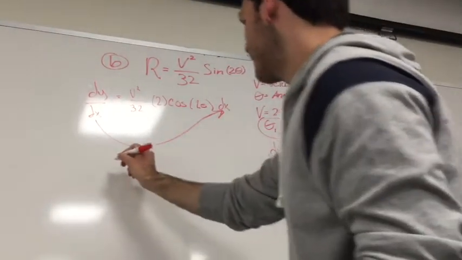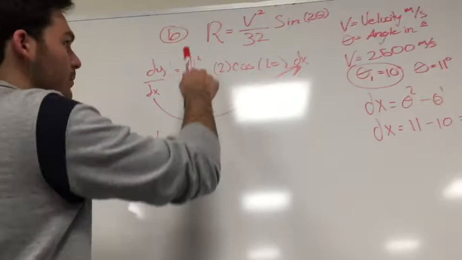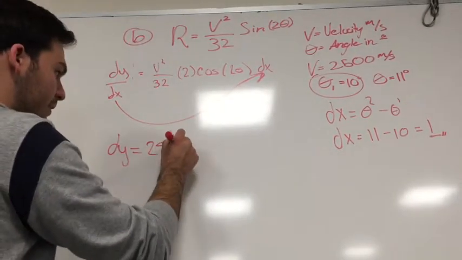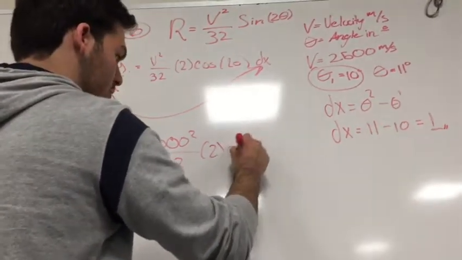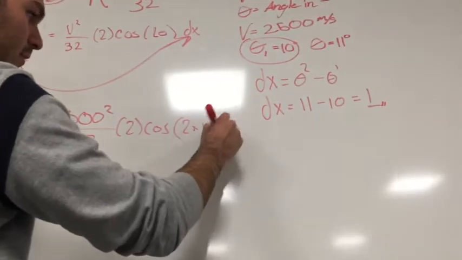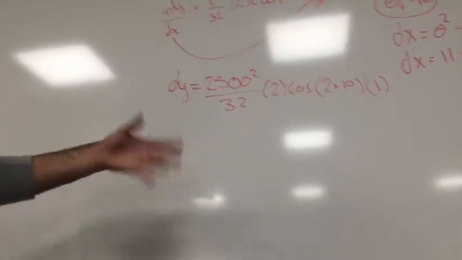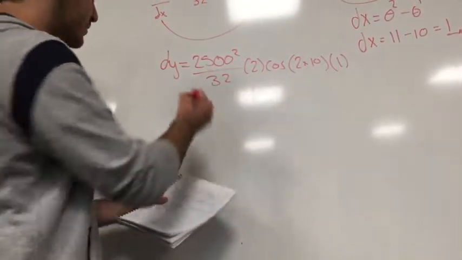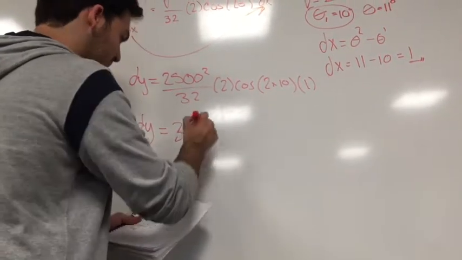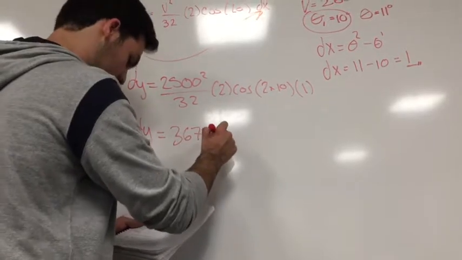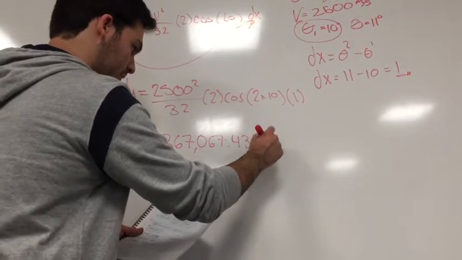So dy equals, plugging in the velocity, 2500 squared over 32 times 2 cosine of 2 times 10, times dx, which is 1. After we do all the calculations, our answer will be dy equals 367.43 feet.